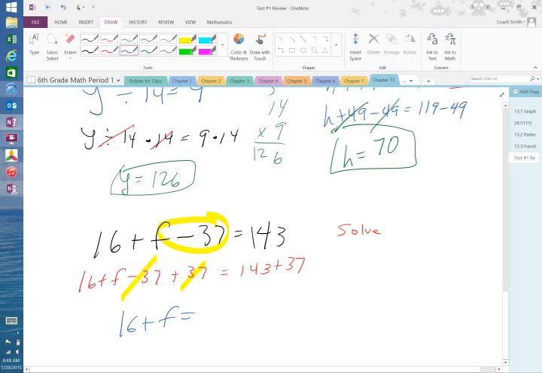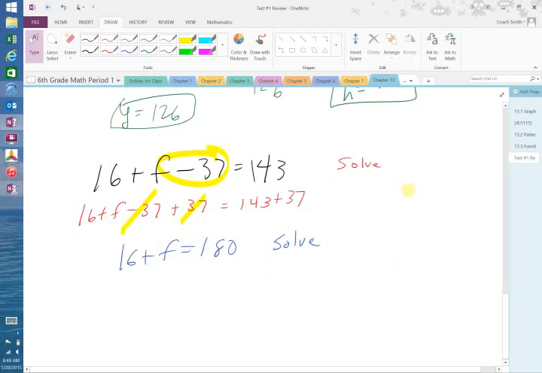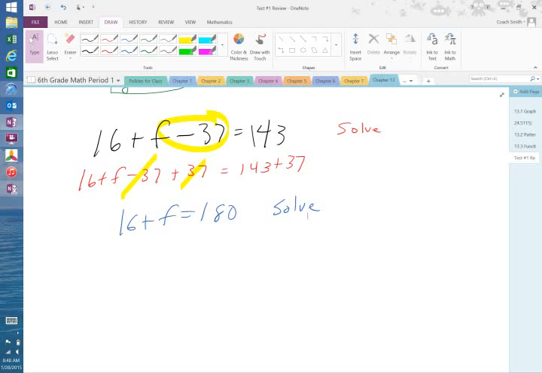what is 143 plus 37? Isaiah? 180? That is correct, 180. So, now I still have to solve it. I'm not done yet, because have I isolated F?